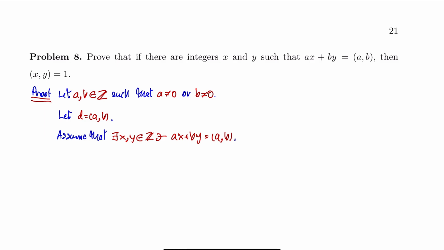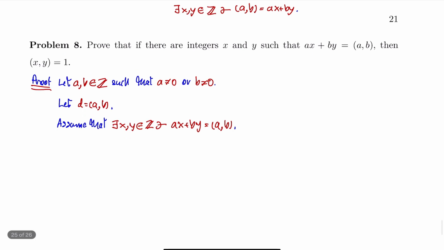So we know that there exist integers x and y such that the greatest common divisor of a and b equals ax plus by. Now, what next? How do we show that x and y here have the greatest common divisor of 1?